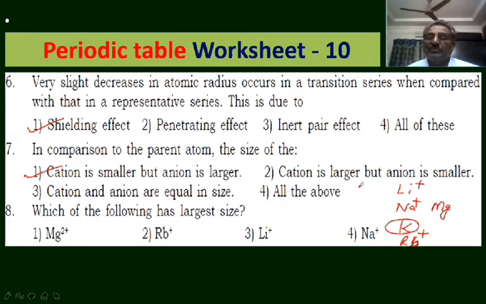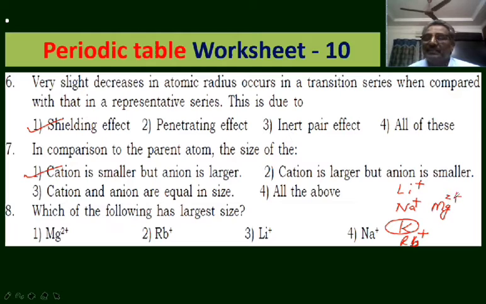You know that when we move from top to bottom in a group, the atomic radii and ionic radii increase. So lithium has the least size here. When we move from left to right, the size of the ion gradually decreases. Here the ion is Mg2+.